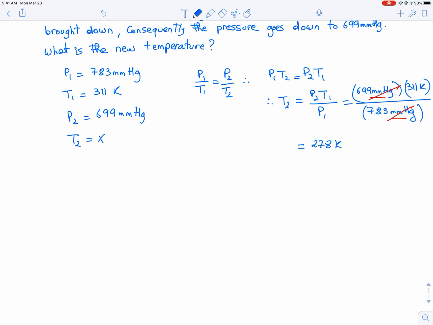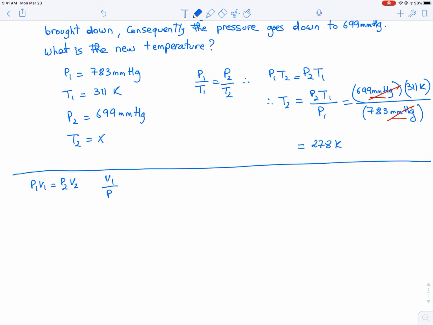All right? Now, we have three different laws. We have P1 V1 equals P2 V2. We have V1 over T1 equals V2 over T2, and we have P1 over T1 equals P2 over T2.